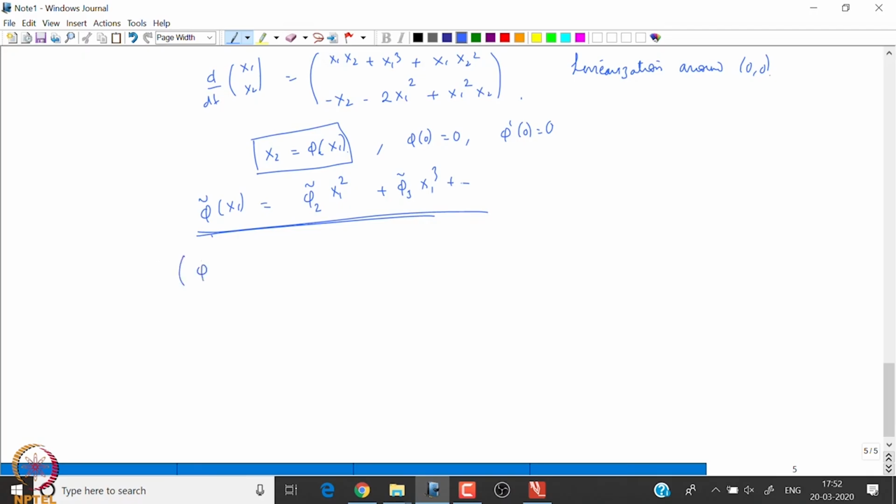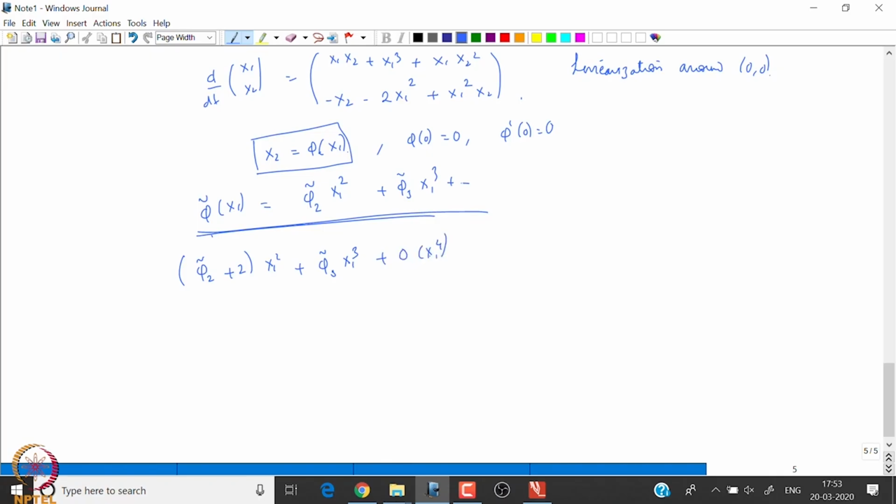This is phi tilde dash of x1 times x1 dot, which is 2 phi 2 tilde x1 square plus 3 phi 3 tilde x1 cube plus some other terms of order 4.